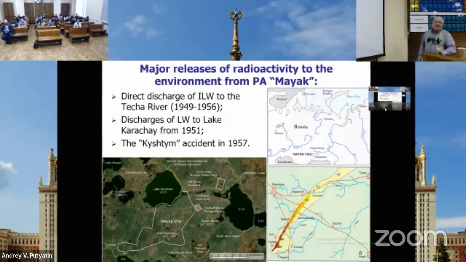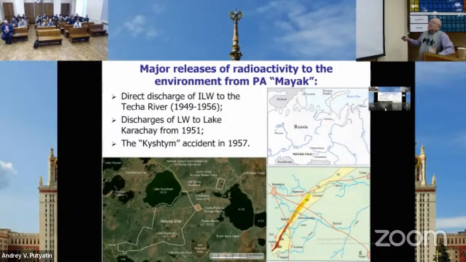When we consider Mayak, we should take into account three major sources of radioactivity to the environment from Mayak. First, this was direct discharge of intermediate and low-level radioactive waste to the Techa River, which happened from 1949 to 1956.